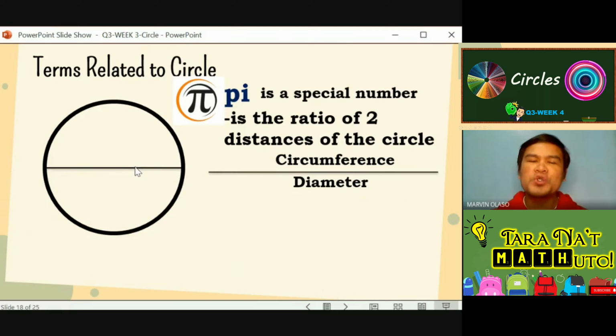Let us use that 1 unit of diameter to measure how many diameters could make around the circle. Or ilang diameter ba, itong diameter na nakikita nyo na nasa gitna, ang bumubuo sa isang buong circumference? Yan ang ating kukunin.